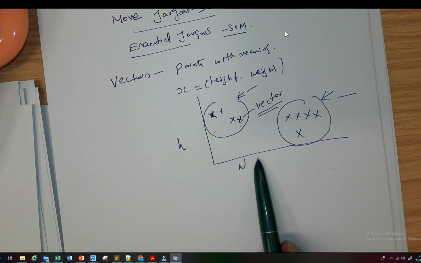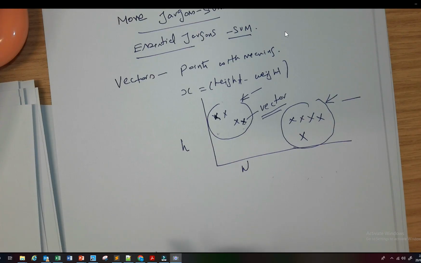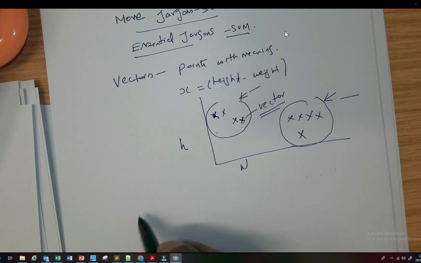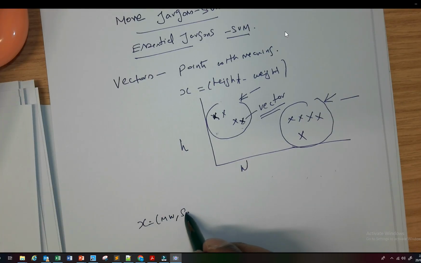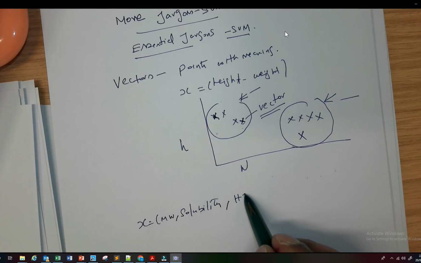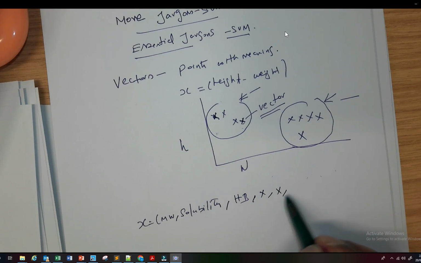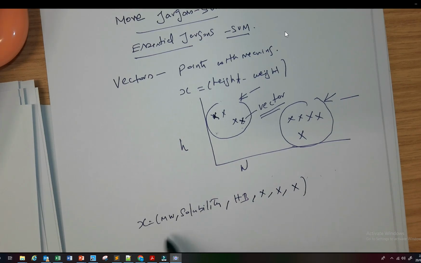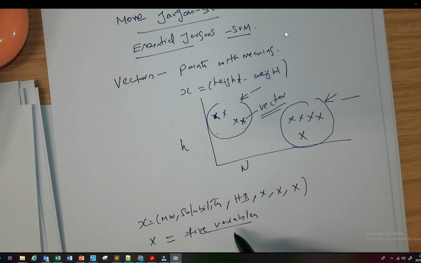It doesn't have to be a two-dimensional problem. It can even be multi-dimensional. For example, let's say we measure different properties of a molecule: molecular weight, maybe solubility, and a few more things, maybe the ability to form a hydrogen bond, and so on. Let's say we measured 5 variables to explain a particular molecule.